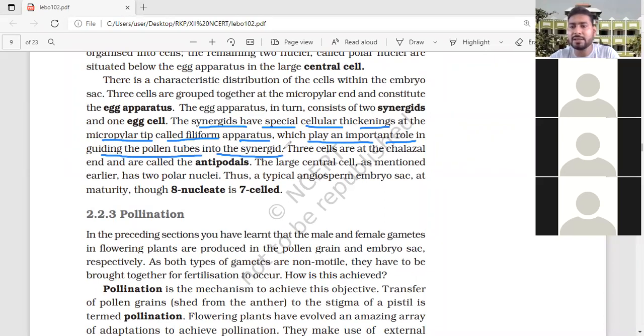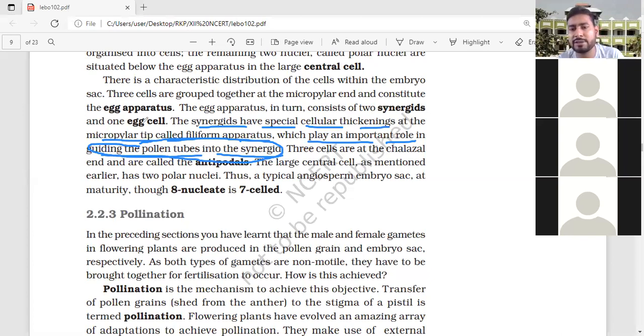I told you already, the pollen tube enters the embryo sac through the synergids, not the egg. So the basic function is guiding the pollen tube into the synergids. Clear? The function of the filiform apparatus is to guide the pollen tube into the synergid.